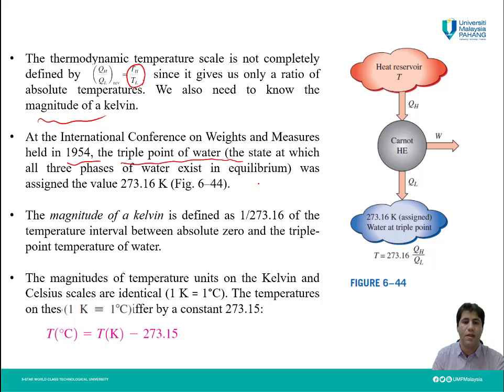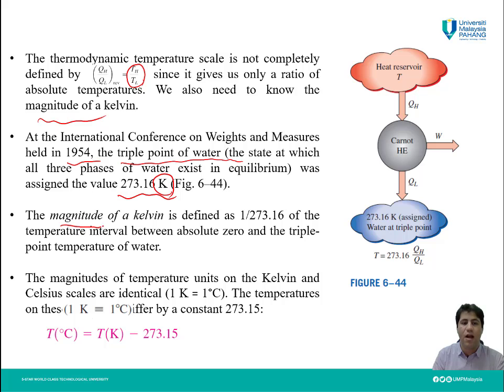This temperature was measured, and it was assigned the value of 273.16 K. So we measured the equilibrium temperature of water at the equilibrium state and selected it as 273.16 Kelvin.